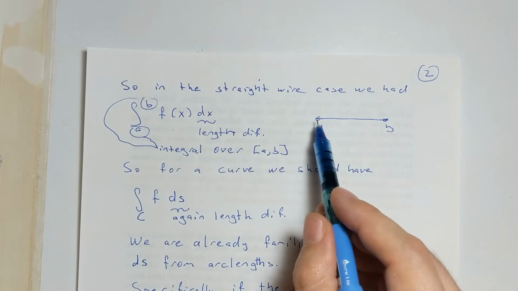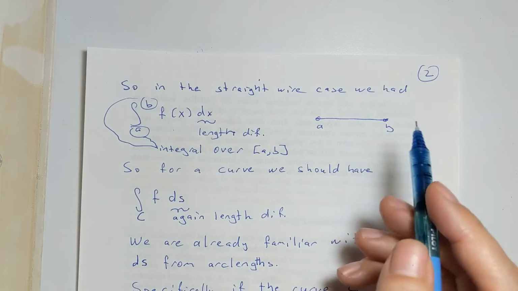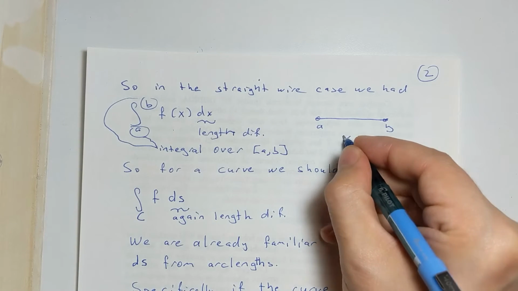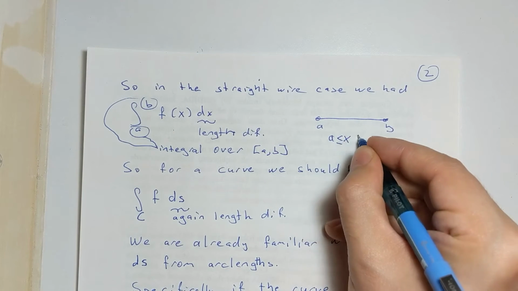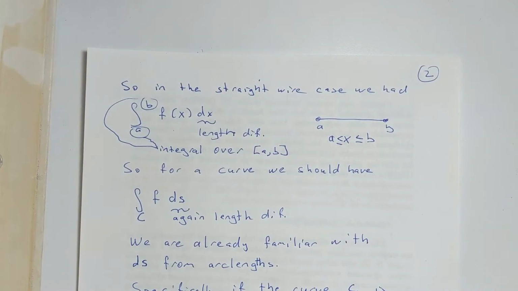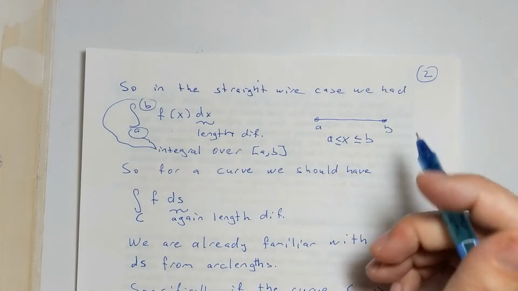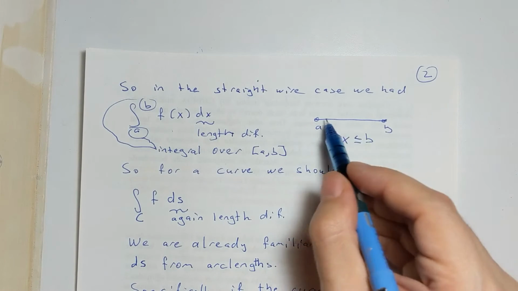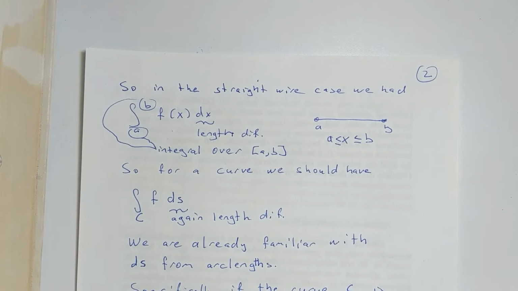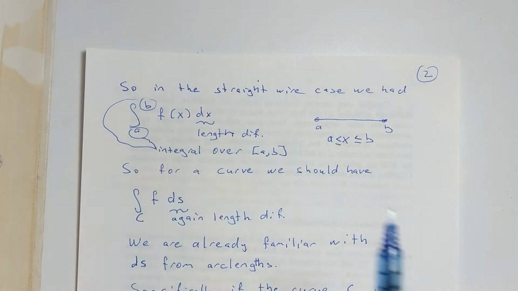We're saying that x is just between a and b. No big surprises there, right? And this dx is just a length differential of this line segment, the infinitesimal length on it, and we're just evaluating the function.